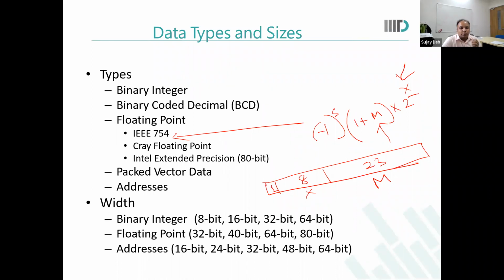Your ISA should specify how you handle these floating point numbers, etc. The width of your numbers, for example binary integers, whether they are 8-bit, 16-bit, 32-bit, or 64-bit. Similarly floating point numbers, the address width, all these things are specified at the ISA level.